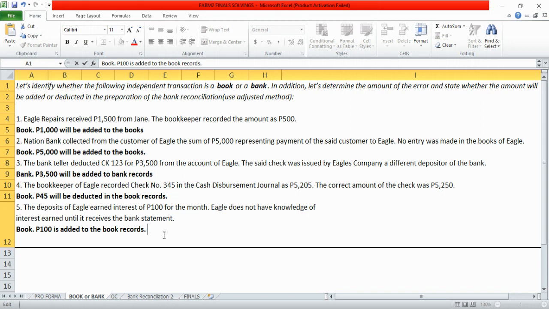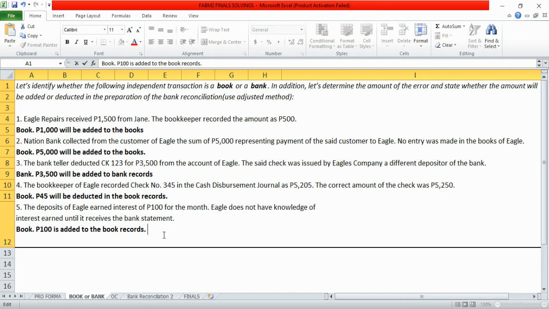So we have to deduct 45 pesos, because the bookkeeper recorded 5,205 when the correct amount should be 5,250. So we have to deduct 45 in our book records.